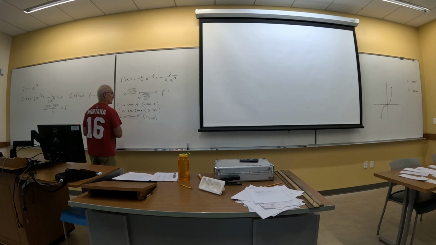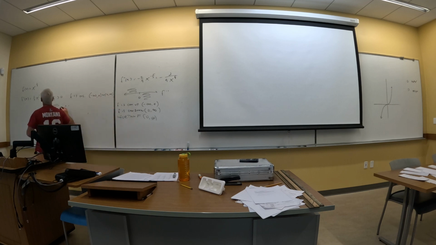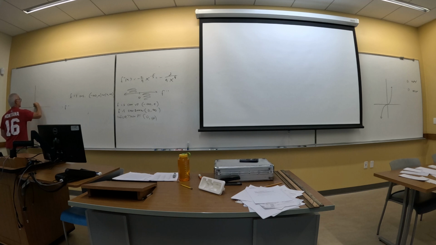Now, this is also a very interesting graph. I'm going to graph it over here, and let's see if it agrees with everything we just said. It's basically the inverse of that one over there, isn't it? What's happening at the origin? I have a vertical tangent.